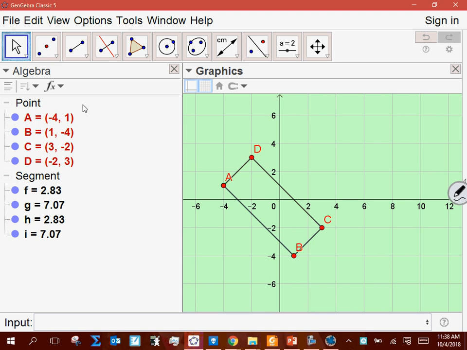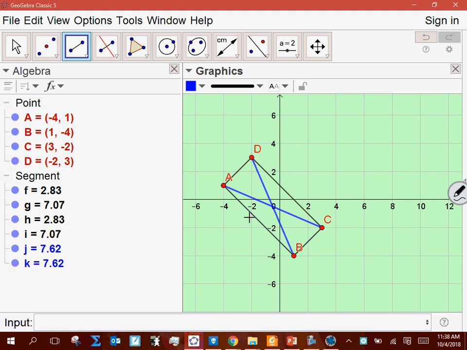So if I look at point A, D and B are consecutive with A, right? So A to C, that's going to be a diagonal. Those are non-consecutive vertices. Okay. What's the other diagonal going to be? D to B, right?